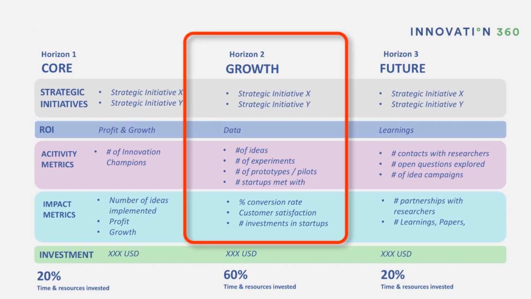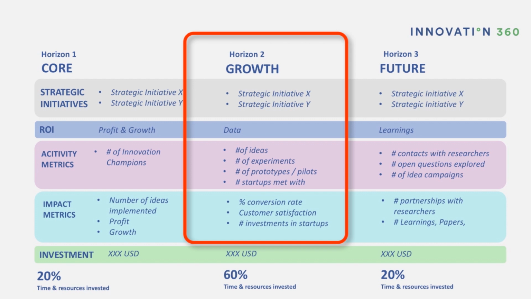In the second horizon, however, it's about data. The return on investment is data. And you typically have activity metrics like number of ideas, number of experiments, number of prototypes or pilots, or maybe number of startups you met with. And impact metrics, what you really would like to achieve is conversion rate.